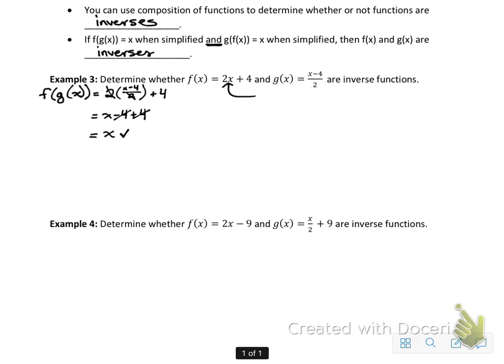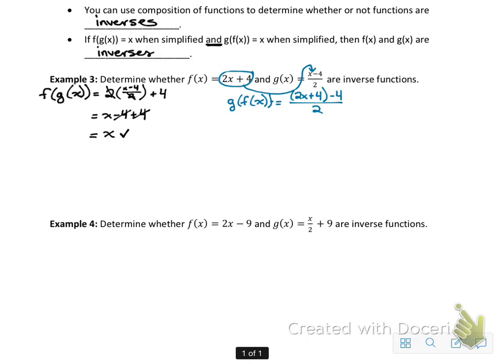So instead of plugging in that way, we're going to plug the 2x plus 4 into x here. So we're looking for g of f of x, and we get the 2x plus 4 in the top, so 2x plus 4 minus 4 over 2.